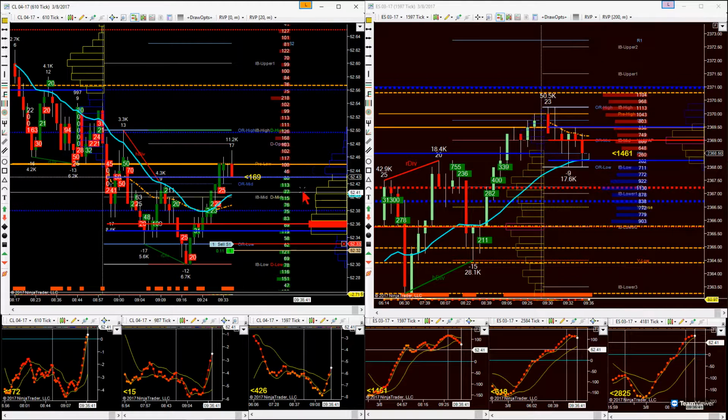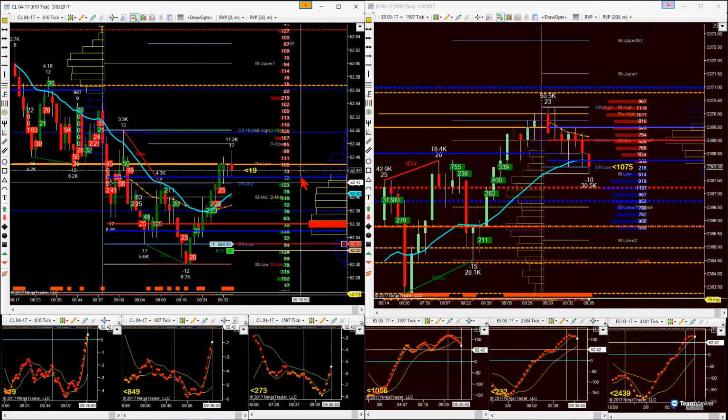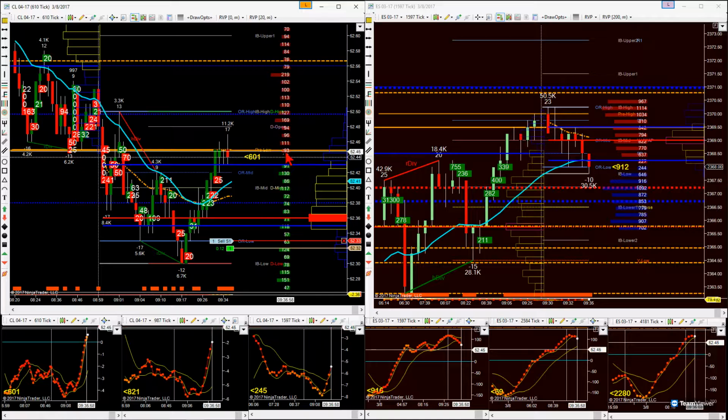Really consistently, we would see big buyers step in at the current price, and then it would move maybe a tick or two. Big buyer, maybe a tick or two. Right, it just happened again right there. Big buyer stepped in. That one didn't even move at all. They got swallowed up. So I really would have liked to have seen this move further.